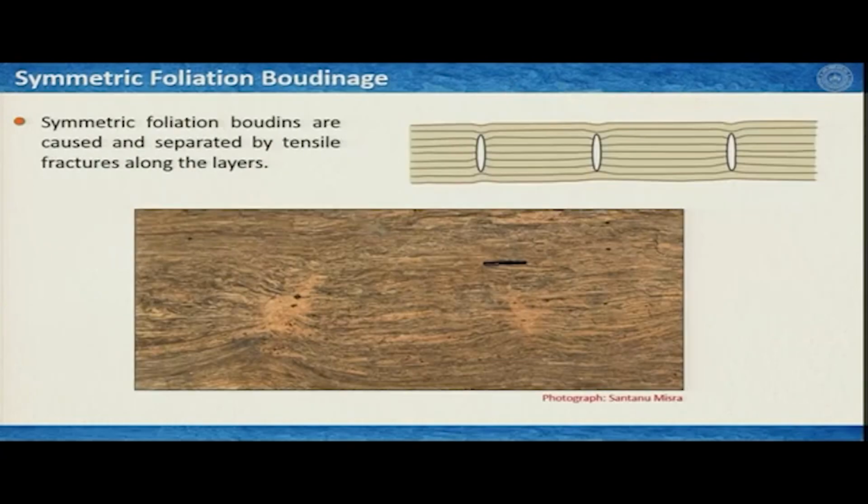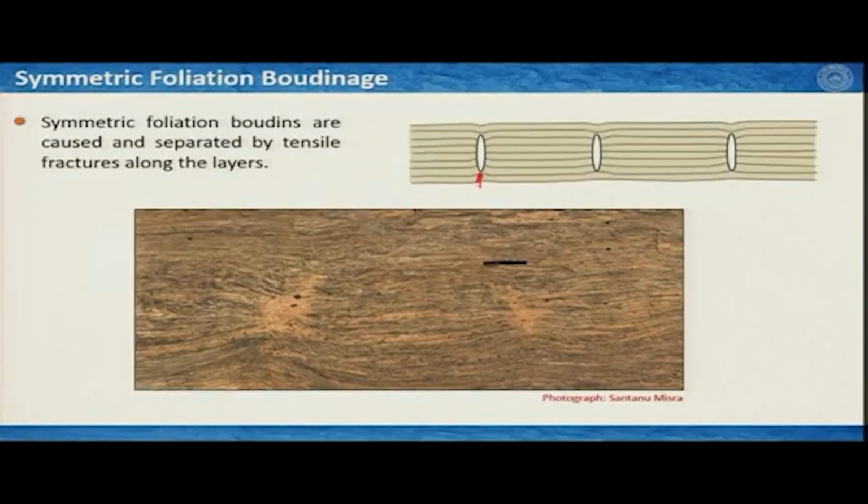Now, foliation Boudinage, as we have classified, can be symmetric or asymmetric. So, a symmetric foliation Boudinage is where you have only separation by tensile fractures.